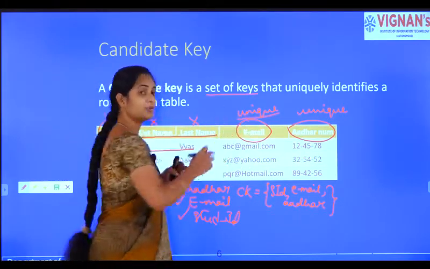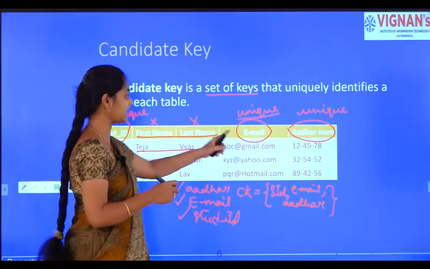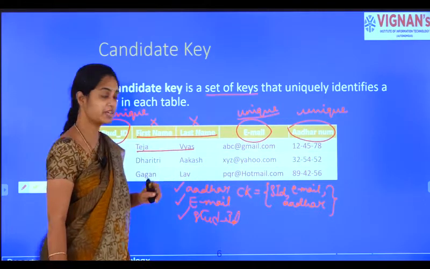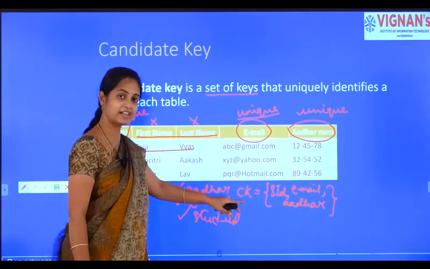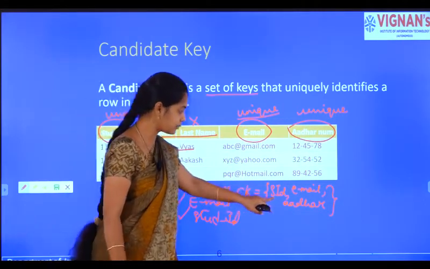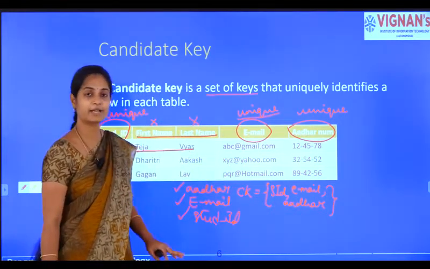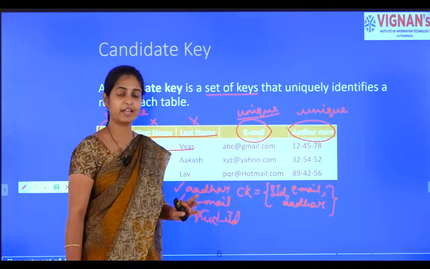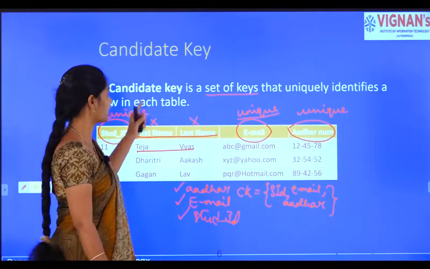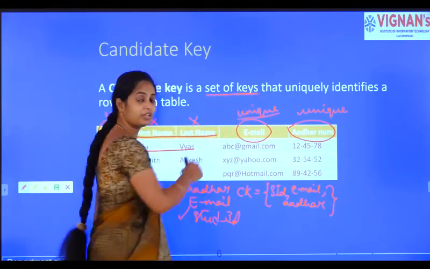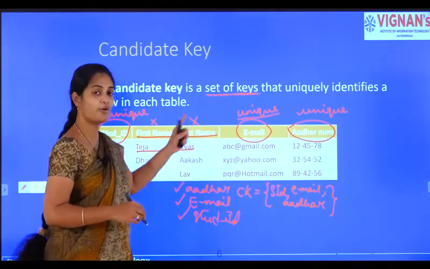All the unique attributes of a relation will become a candidate key. So in this example, the set of attributes student ID, email and Aadhaar will become the candidate key, right. By definition, a candidate key is a set of keys that uniquely identifies a row in each table.